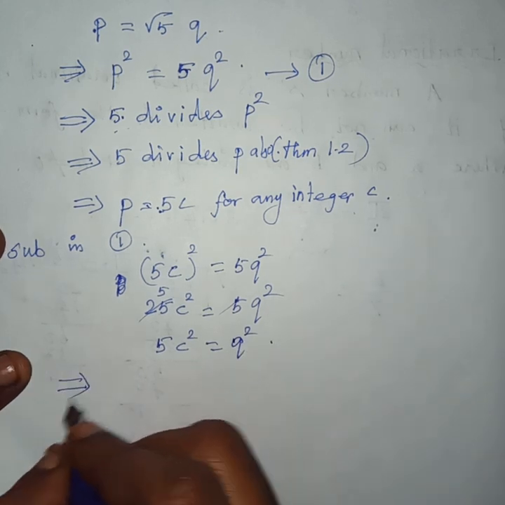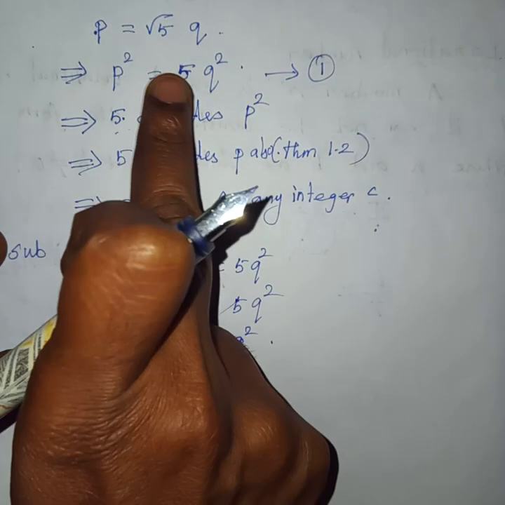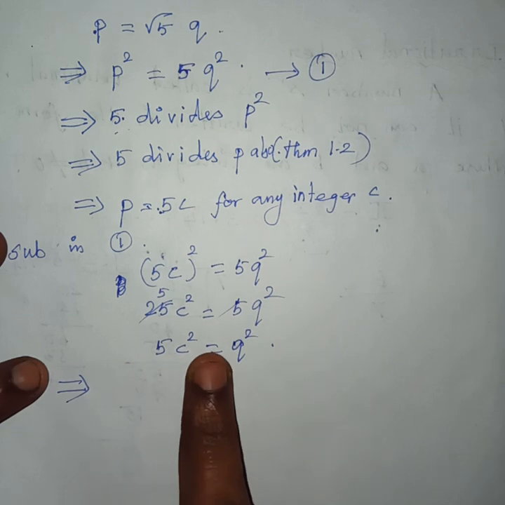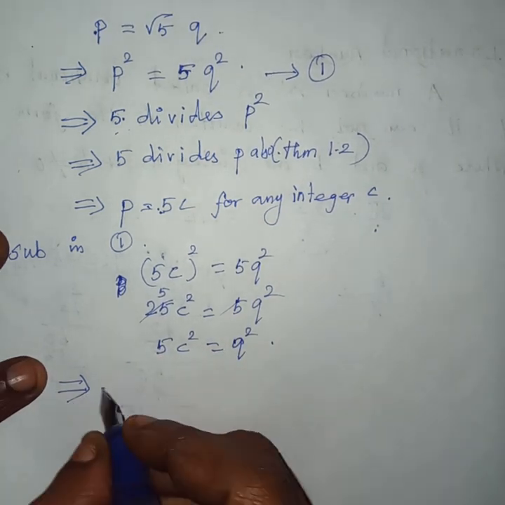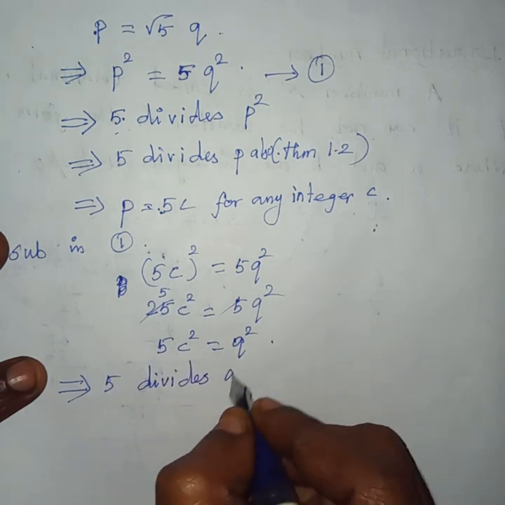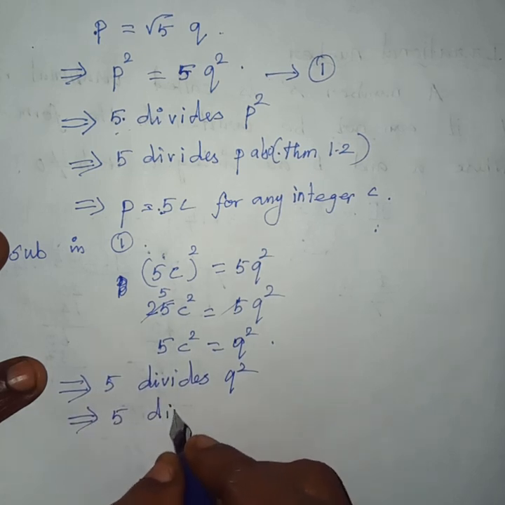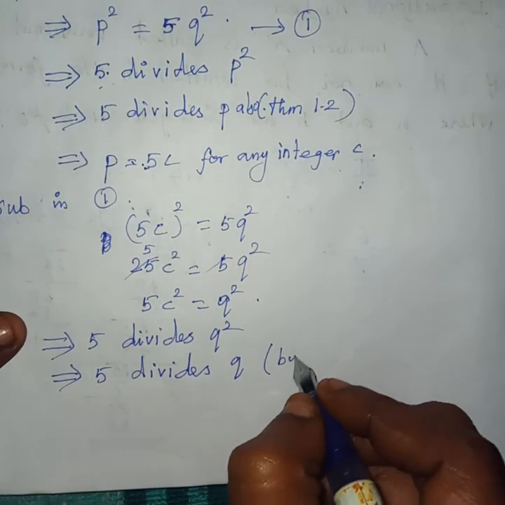What does it imply? We already know that if p squared equals 5q squared, then 5 divides p squared. In a similar way, we arrive at 5c squared equal to q squared, so 5 divides q squared. By theorem 1.2, 5 divides q squared means it divides q also.